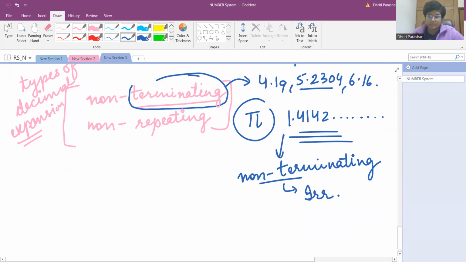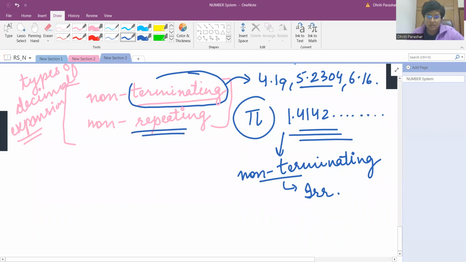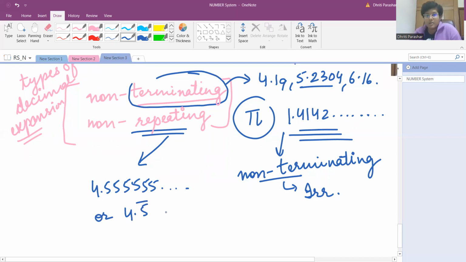What about repeating? Repeating, for example, 4.55. This is terminating and repeating. If it is terminating, then again it is a rational number. What about 4.5555 and so on? Or 4.5 bar?